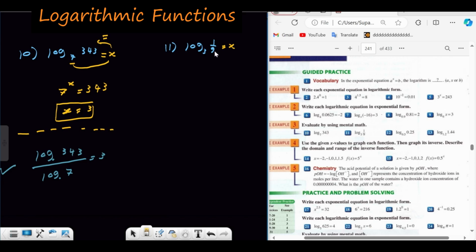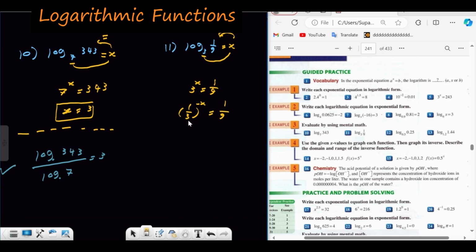Now we can say that 3 to the power what equals 1 over 9. 3 to the power x equals 1 over 9. We can flip the 3 or flip the 1 over 9. I think it's easier to flip 3. It will be 1 over 3 to the power negative x. We change the sign of the power, and 1 over 9.